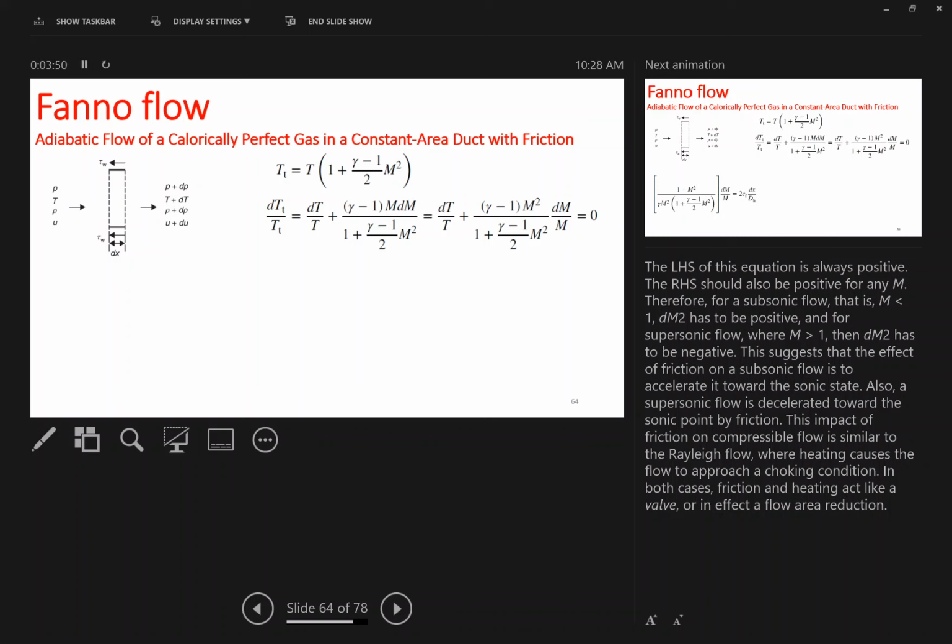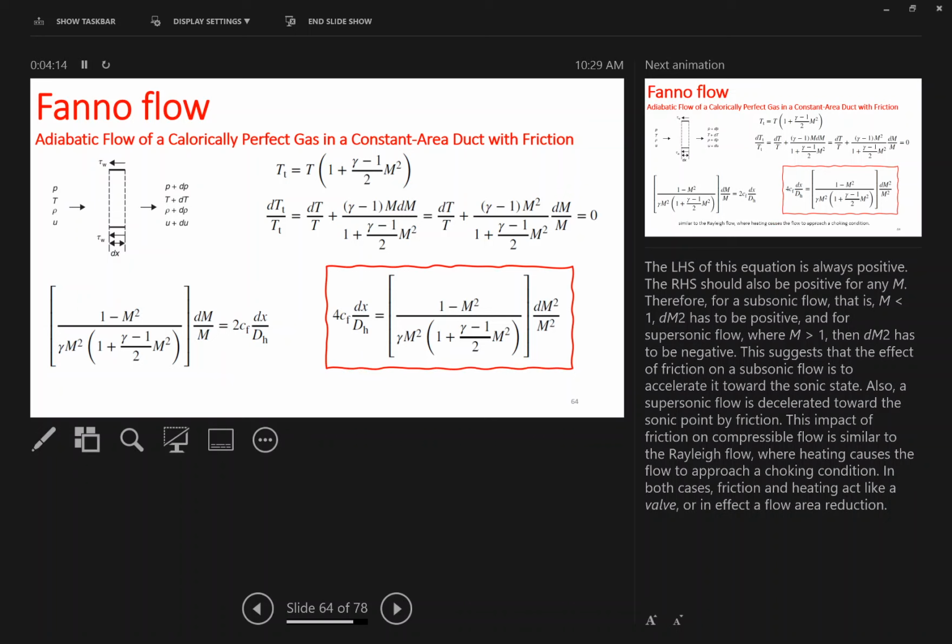And we already have the relationship between the total temperature and temperature, the ratio over there. We can play with that a little bit, plug that in, use the logarithmic derivative, right? To find the relationship between dT over T and dM over M. Plug that in, you get to this equation, and eventually we'll end up with this main equation here, right?